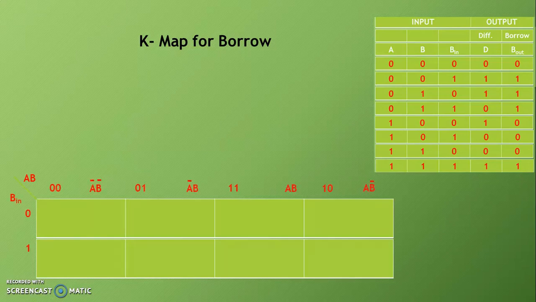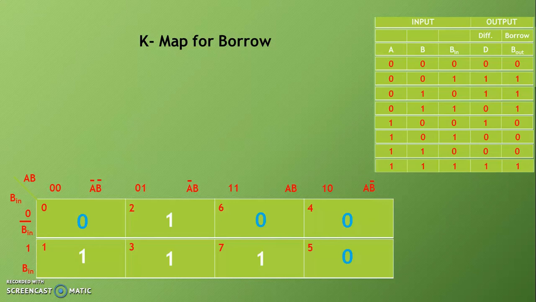We write literals for the respective cells. We give decimal number from 0 to 7 for each cell. Then we write minterms for which we are getting high output in the borrow. So that is 1, 2, 3 and 7. So we have written 1 in respective cells. In all other cells, we can write 0.